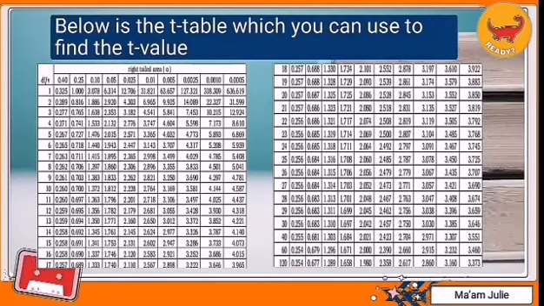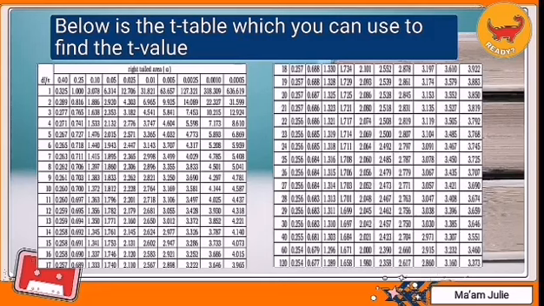And now, I will introduce to you the t-table, which you can use to find the t-value. So, we need to be familiarized also with the uses of this table. Here, on the left side, the 1, 2, 3, up to 30, that is what we call the degrees of freedom.